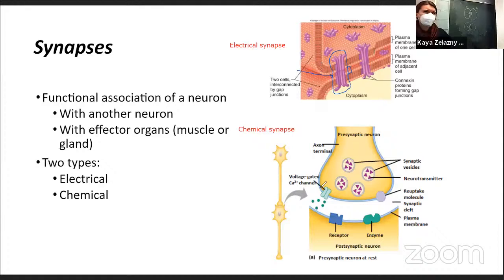So we don't have to do all sorts of weird things with receptors and proteins. Our chemical synapses are going to be a lot more complicated. You can already see that we have a bunch of channels. We have these weird vesicles hanging out. We have enzymes, we have receptors. So we're going to do our focusing on chemical synapses because there's a lot more going on there, and they are more common.